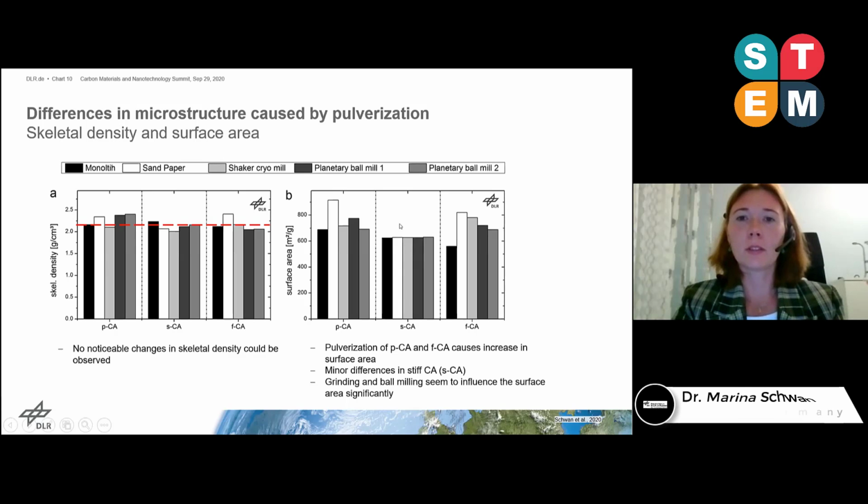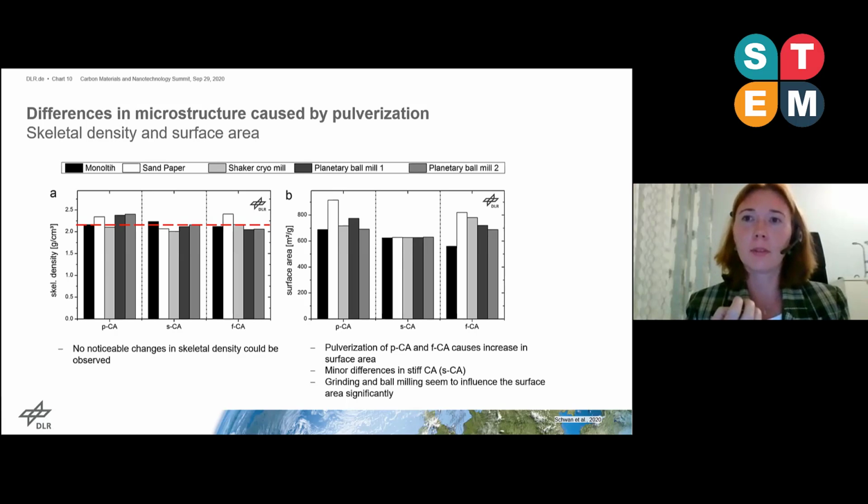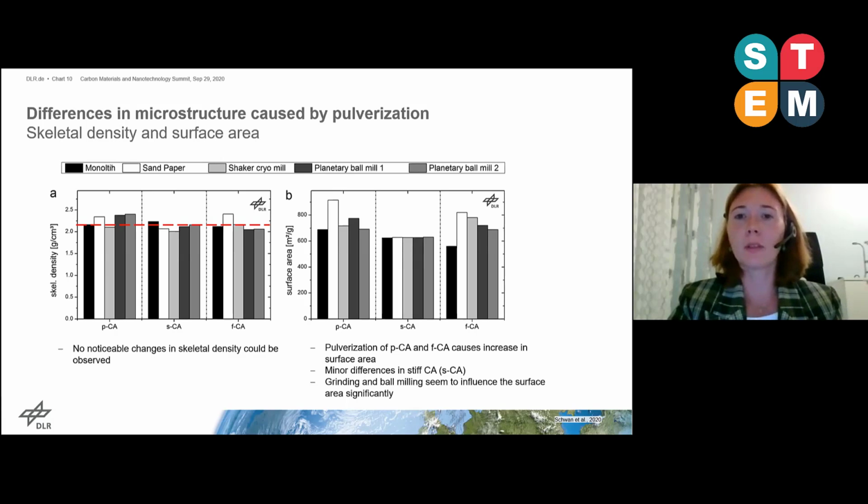If you look at the stiff carbon aerogel, here we cannot see changes. The network of the stiff carbon aerogel is so stable that we couldn't see large differences. If we look at the flexible carbon aerogel, here we see the most changes.